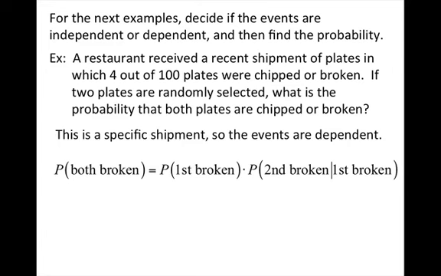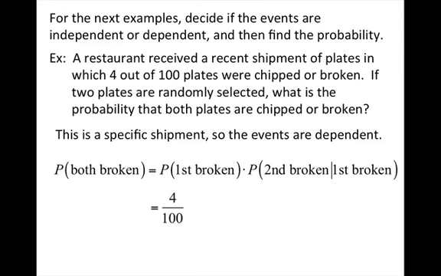So what are the chances of reaching in and grabbing a plate that was broken? Well, there were 4 broken plates out of 100 total, so the probability that the first plate you select is broken is 4 out of 100. Now for the second event, you assume that you've pulled out a broken plate.